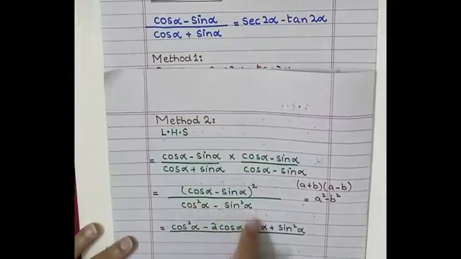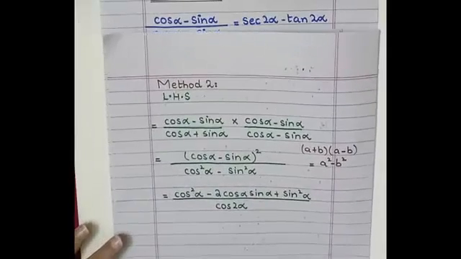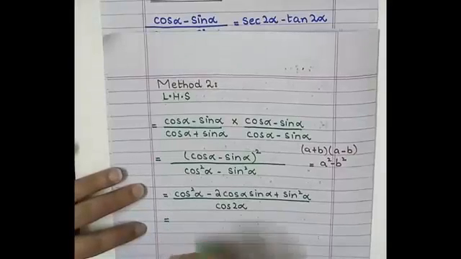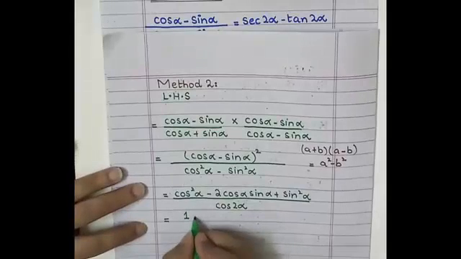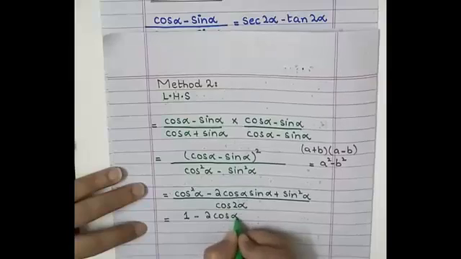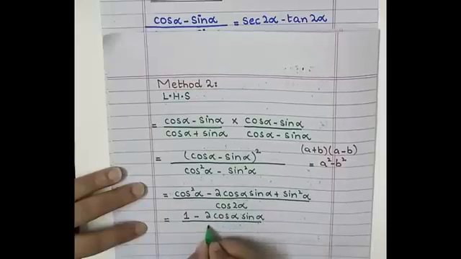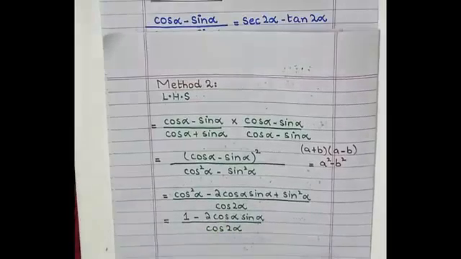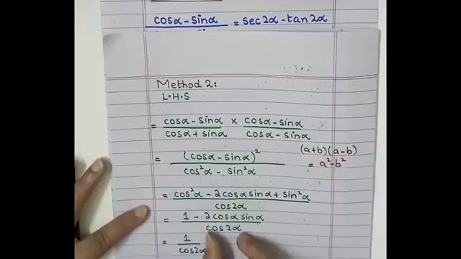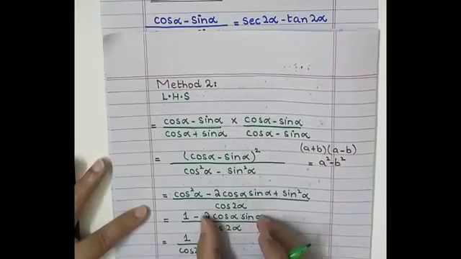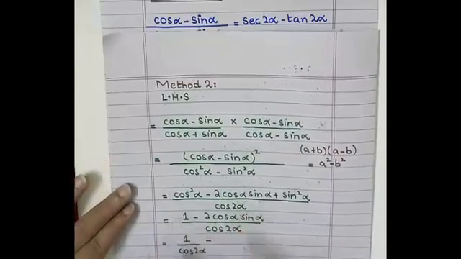and cos square alpha minus sin square alpha is equal to cos 2 alpha, the double angle identity for cos. Now cos square alpha plus sin square alpha is equal to 1, minus 2 cos alpha sin alpha, divided by cos 2 alpha. Now separating out the terms, we have 1 over cos 2 alpha minus 2 cos alpha sin alpha divided by cos 2 alpha, because cos 2 alpha is dividing both of these terms.